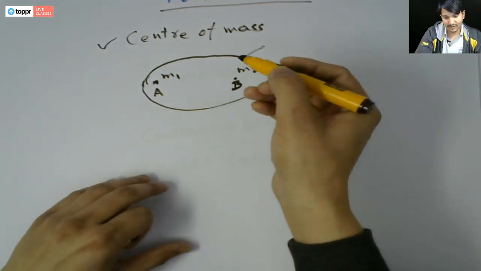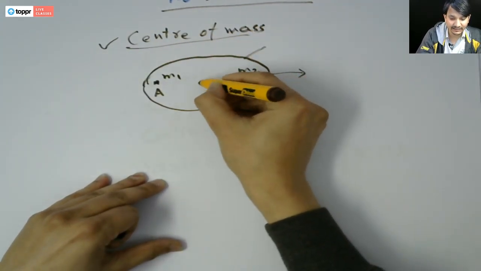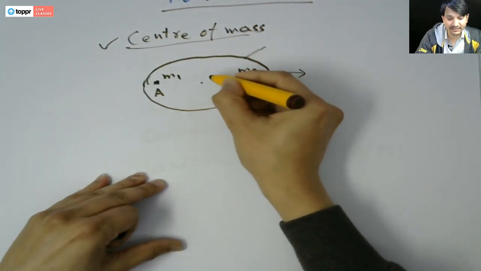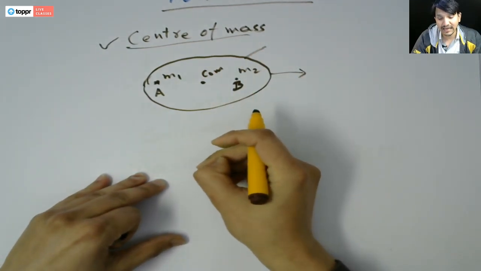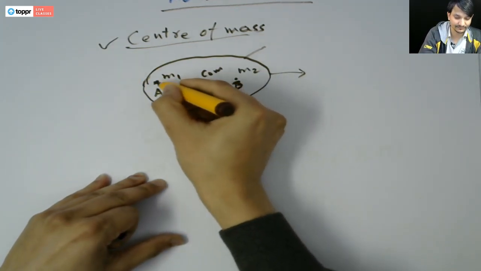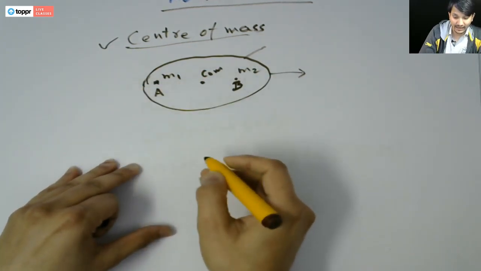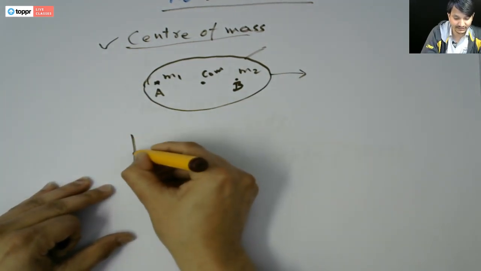So center of mass tells us which point we can assume as the mass, wherever the mass is concentrated. And for that, let us consider this situation.